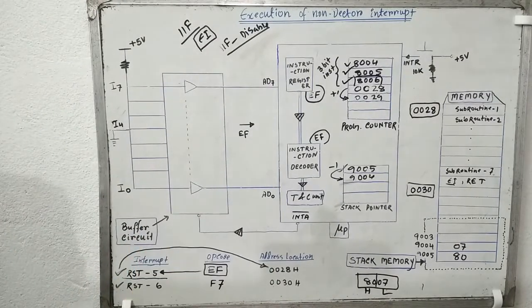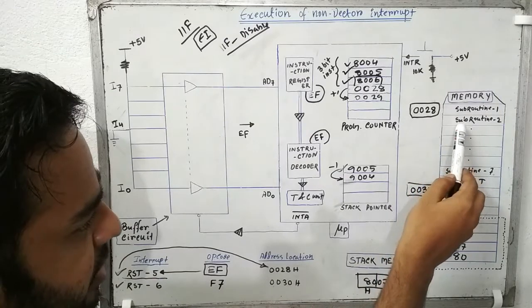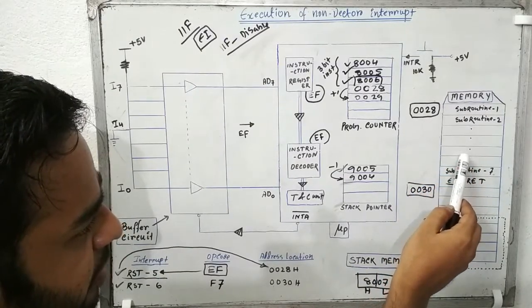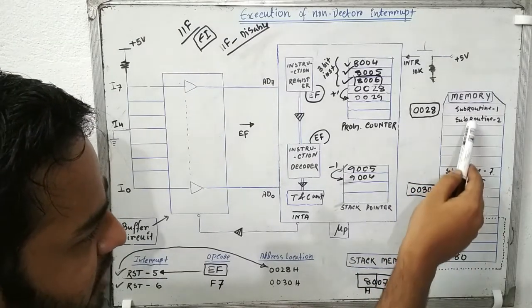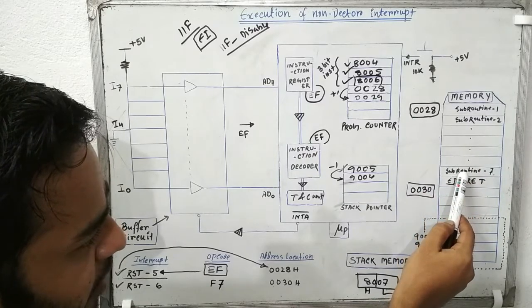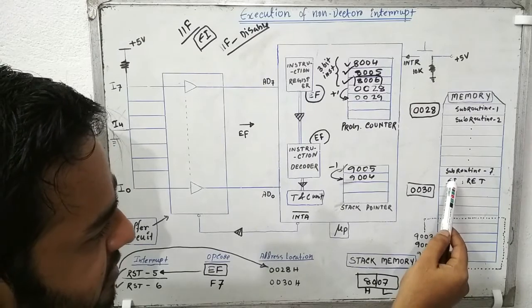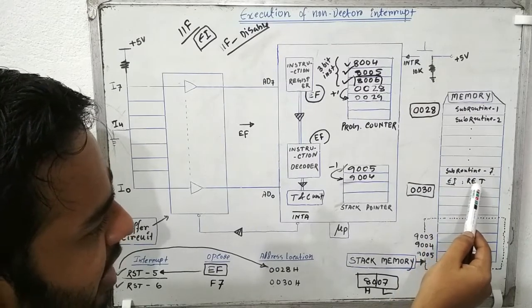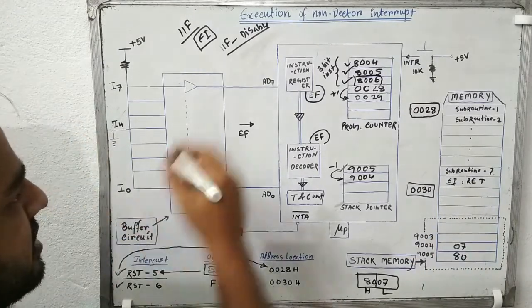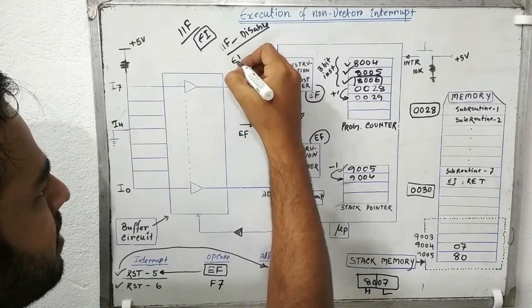So after executing those subroutines, when the microprocessor comes to the last of the program, as you can see here, it will face two instructions. One is EI, another is RET. It will first face EI, enable interrupt.